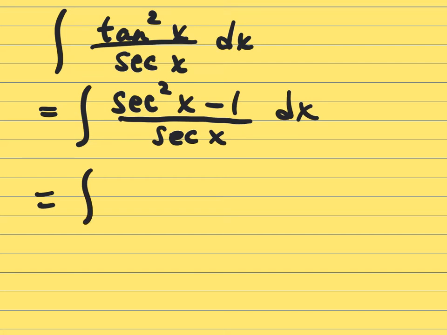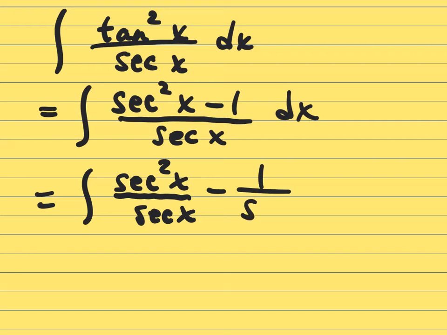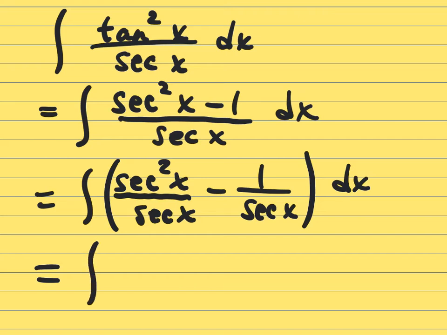Splitting that into 2 terms with a common denominator, reducing, secant squared x over secant x is just secant x. Secant is the reciprocal identity of cosine.